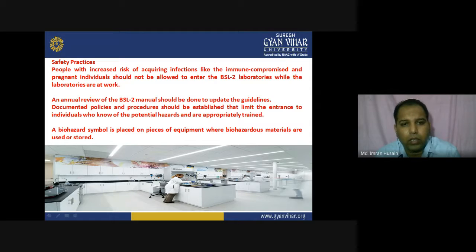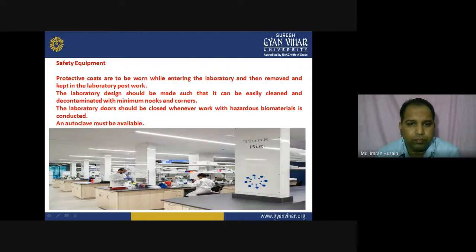A biohazard symbol is placed on the piece of equipment where biohazardous materials are used or stored, or even when the experimentation procedures are going on. On the laboratory door, the symbol of biohazard should be placed. As for safety equipment, protective coats are to be worn while entering the laboratory and then removed and kept in the laboratory post-work.